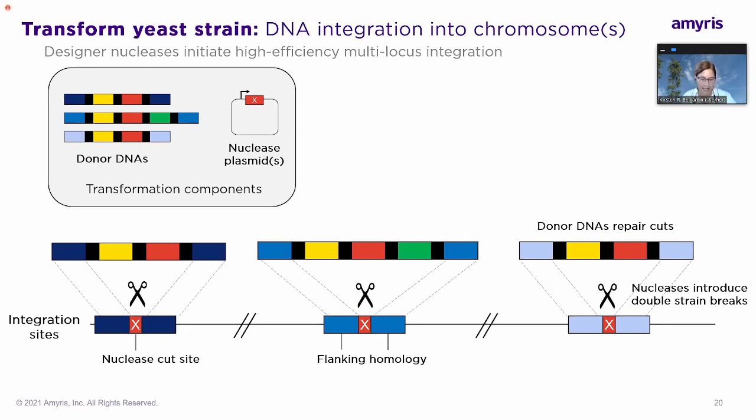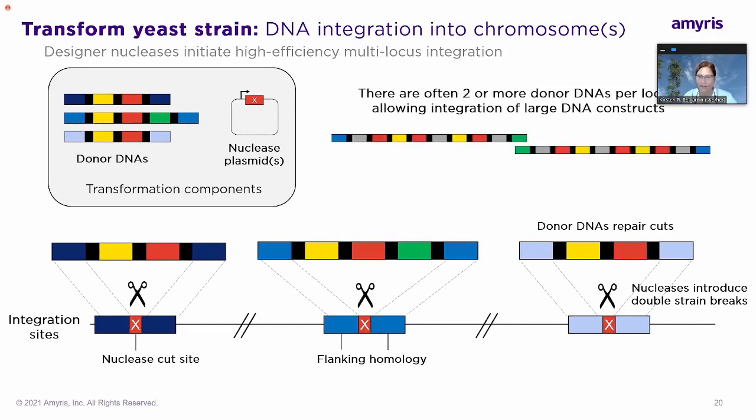The nucleases cut the chromosomes, thereby triggering homologous recombination or repair of the cut site with donor DNAs whose ends match the ends of the chromosomal cut sites. And in fact, we often use 2 or more donor DNAs per chromosomal locus, which allows integration of very large multi-gene DNA constructs.